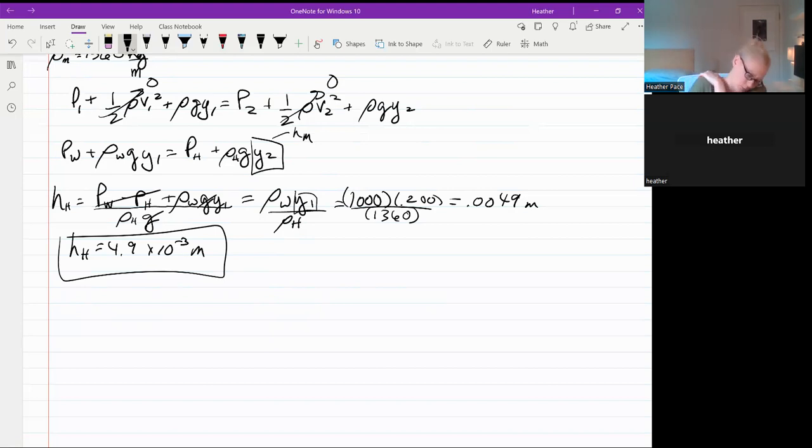Problem 15 says a sphygmomanometer, good heavens, is a device used to measure blood pressure, typically consisting of an inflatable cuff and a manometer used to measure air pressure in the cuff. Oh, this is just getting your blood pressure measured.